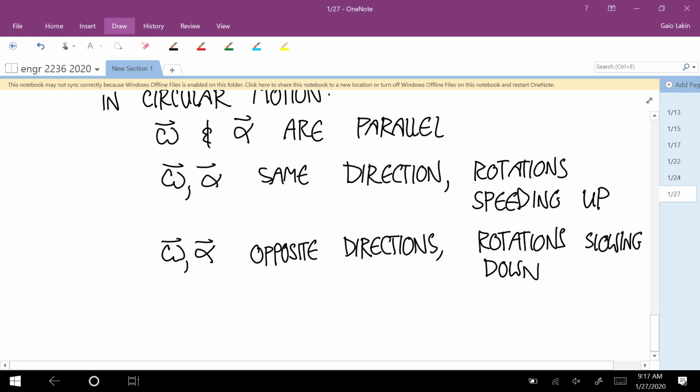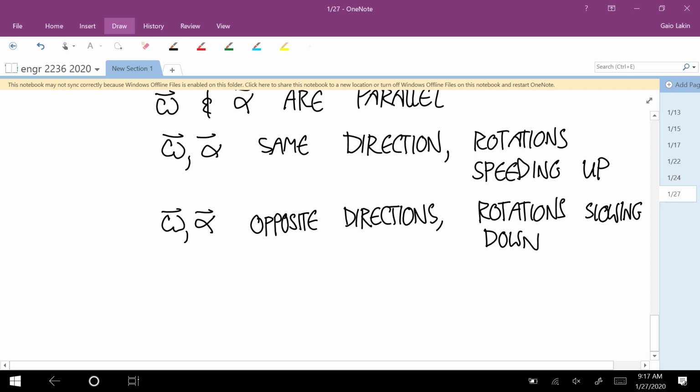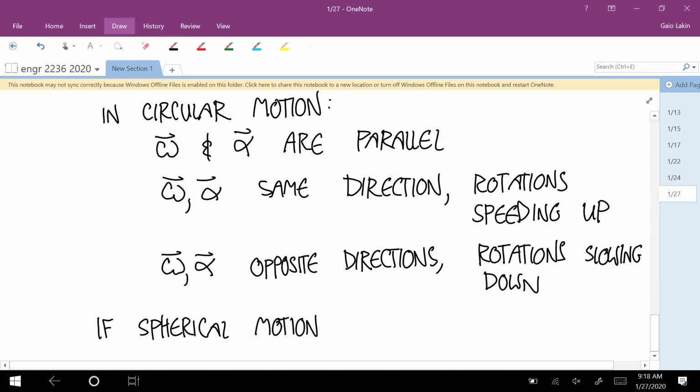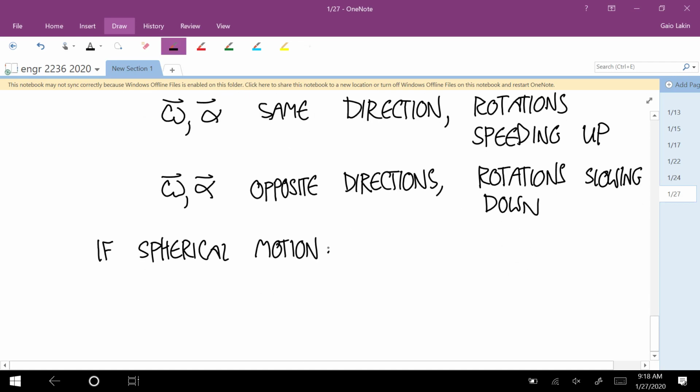If you're not in circular motion, you're in general spherical motion. Then there's no restriction on the directions of those two. They don't have to be parallel.